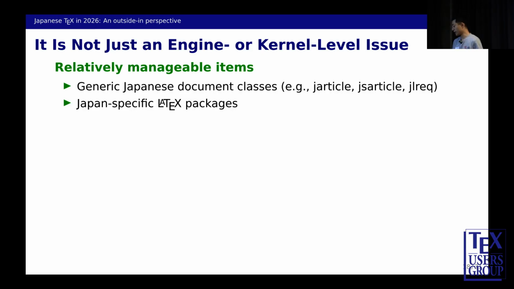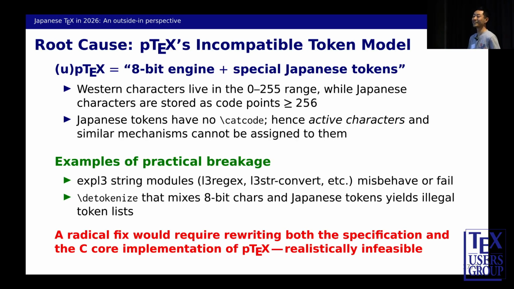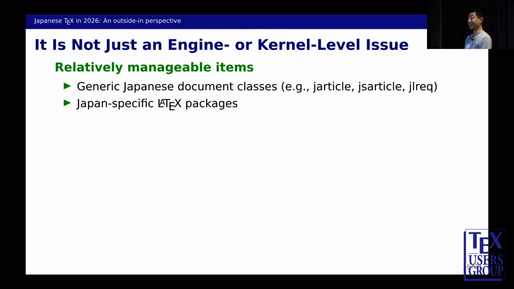Then we are not sure whether we should maintain pTeX at all in this case, because we would try to change the specification radically. And even worse, it is not just an engine or kernel level issue. This kind of giant patch technical debt problem also extends to the generic Japanese document classes and also other Japanese-specific LaTeX packages.